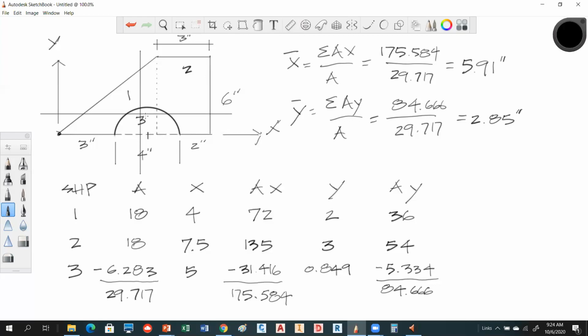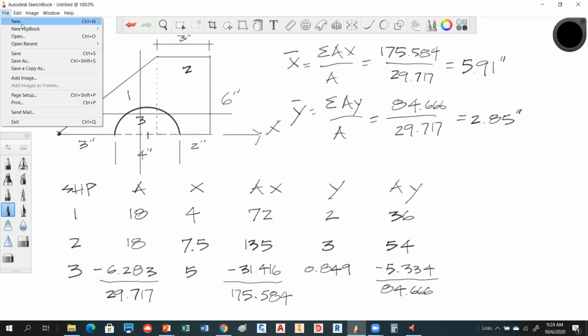So you can have issues sometimes, but most of it's just geometrics, okay? So we're going to take a look at another problem. And this problem is a manufactured shape problem. So you're going to need your book, okay? So give me a sec to draw this up, and then we'll be done for today.